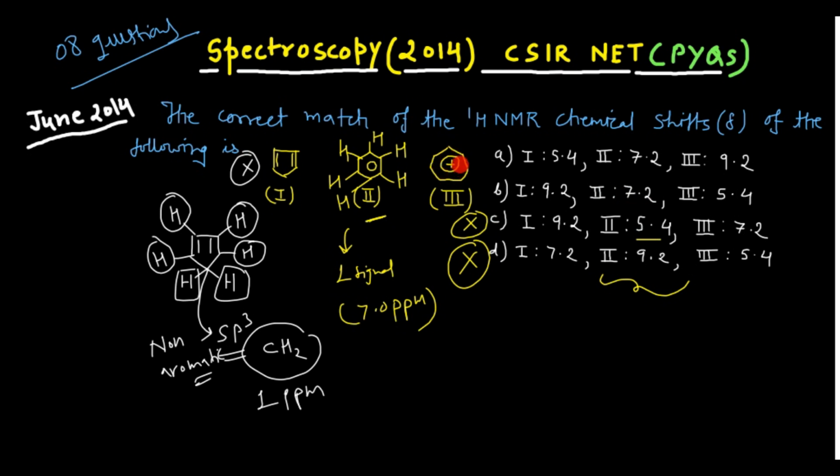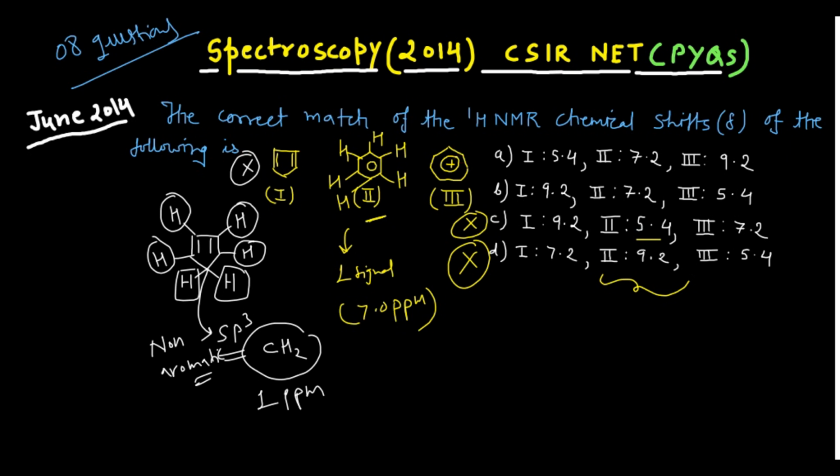This tropylium cation is also aromatic like benzene, and it also has the hydrogens attached to it. But you know, due to this positive charge, electron deficiency is there. Whenever electron deficiency is there, that means electrons are not there to shield the hydrogens from the external magnetic field. So the signal would be quite downfield, actually.